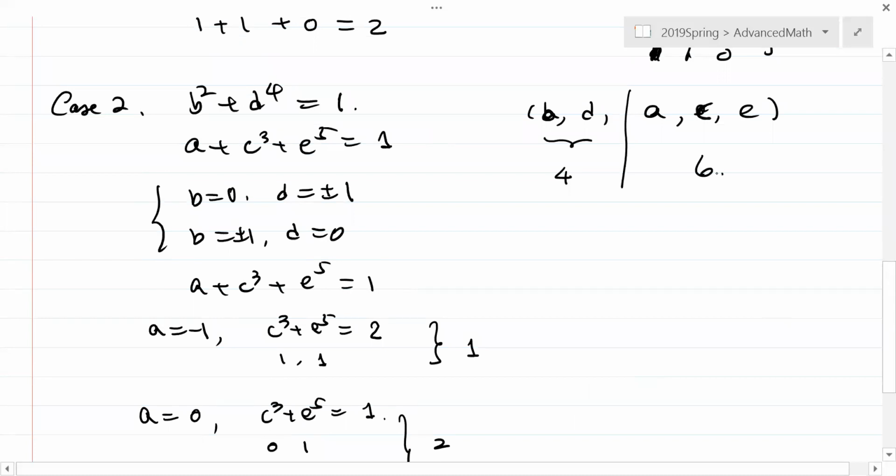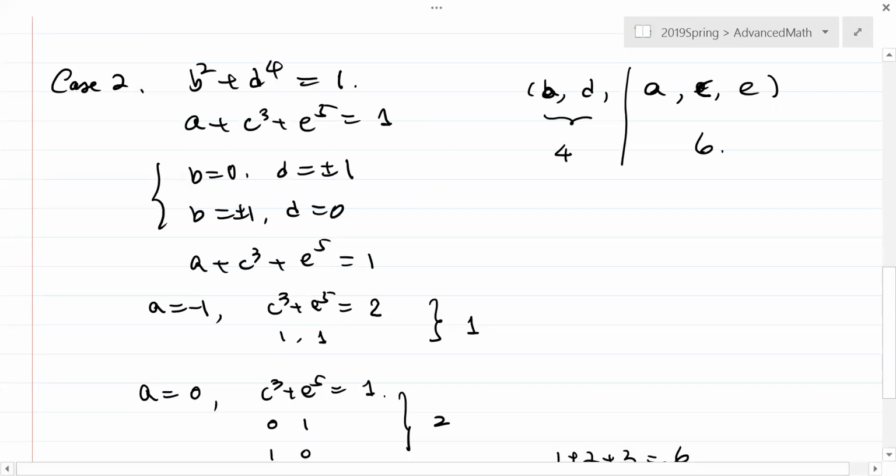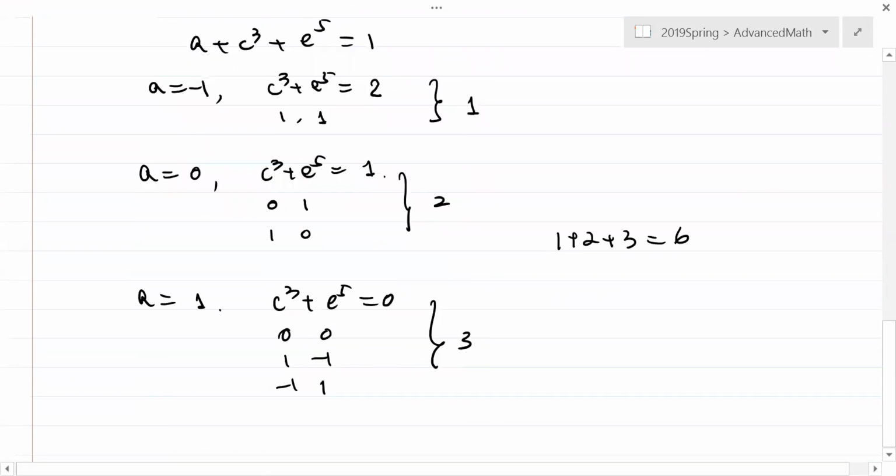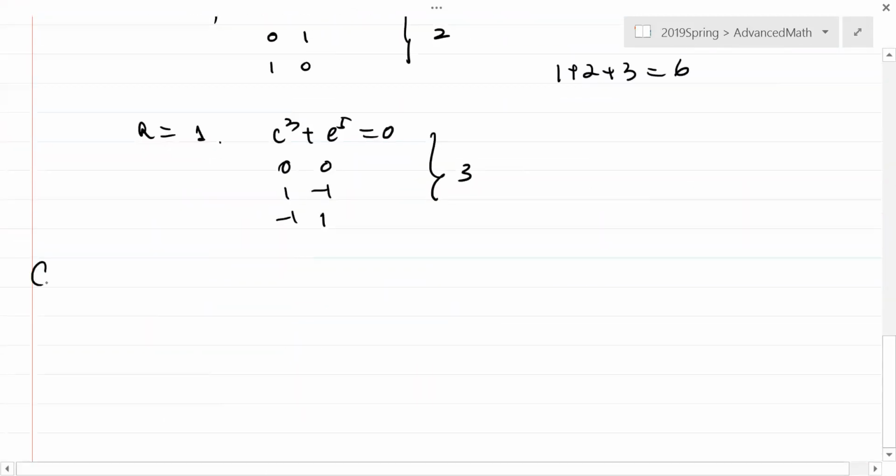So the combination will be 6 times 4, right? The combination here will be 6 times 4. So 4 times 6 is going to be 24 solutions. All right, the last one, case 3, b squared plus d to the 4th power is going to be 2.